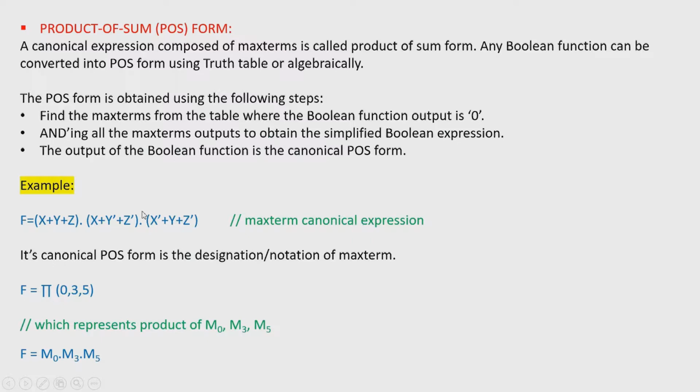So if you look at a truth table, you see that the designation is 0, 3 and 5, that is in terms of max terms where the output is 0, right? It can also be represented by the max term designation, that is capital M0, M3 and M5, right?